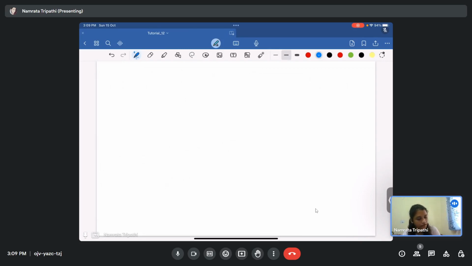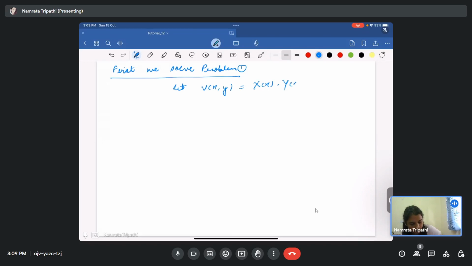How to solve for v? For this, let v(x,y) be in variable separable form.